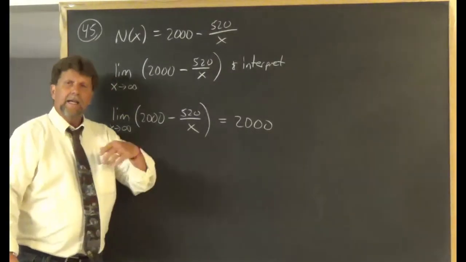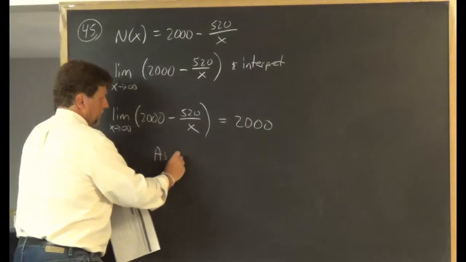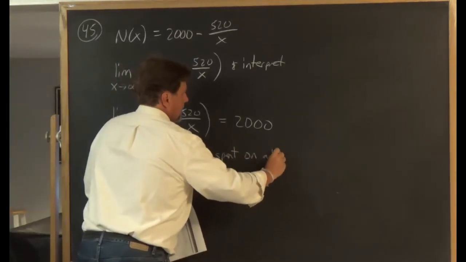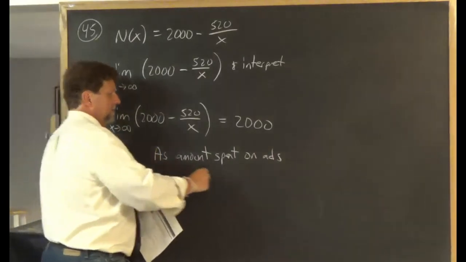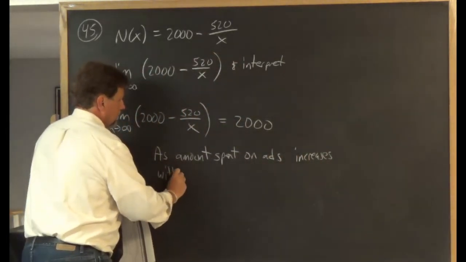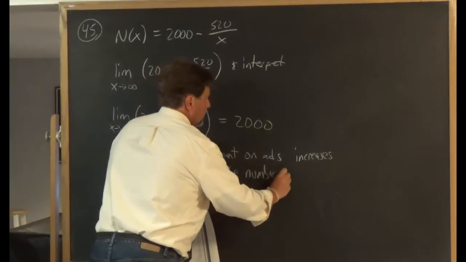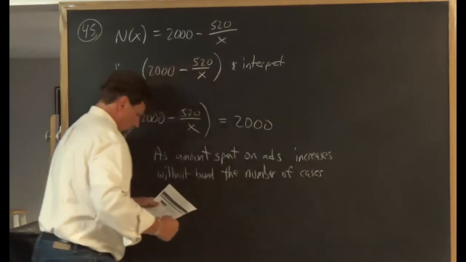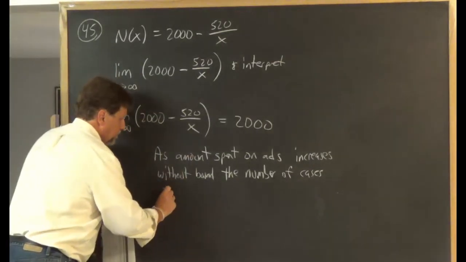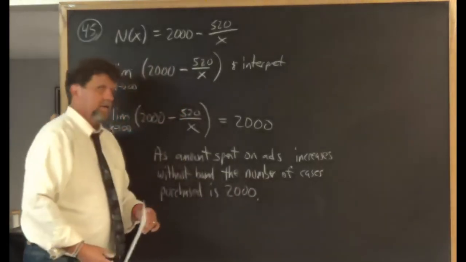Well, as x is approaching infinity, now x represented the amount of money spent on advertisement, so I would start off by saying as the amount spent on advertisement, I'll just abbreviate that to ads, increases without bound, the number of cases purchased, remember N of x told us cases purchased, so the number of cases purchased is 2,000.